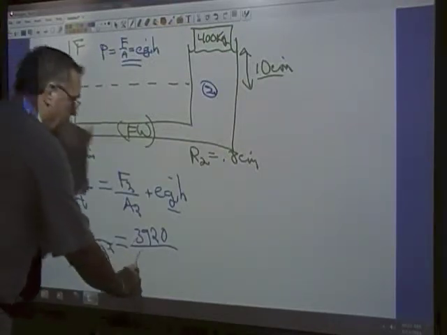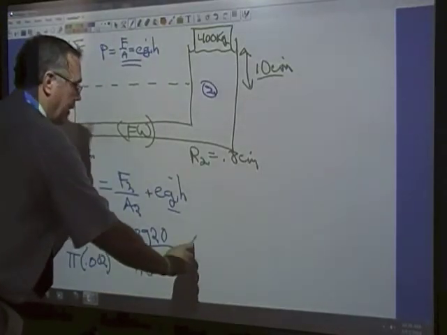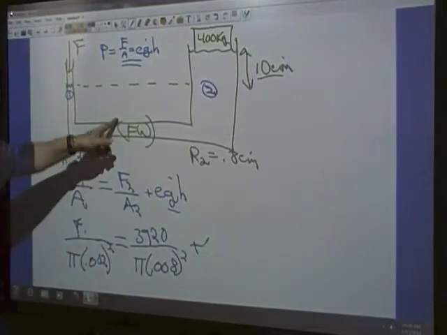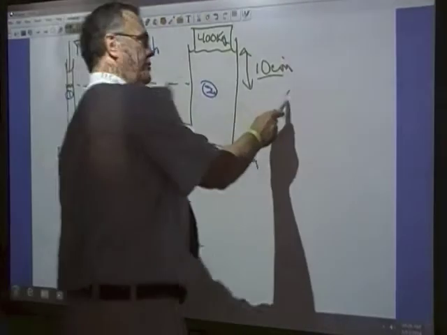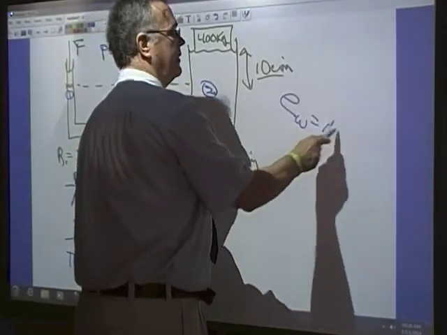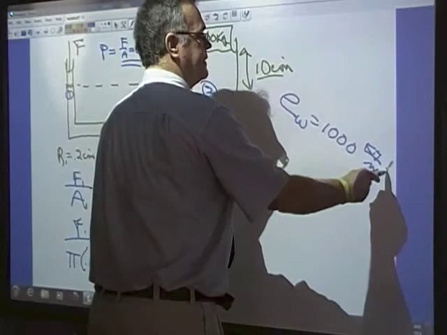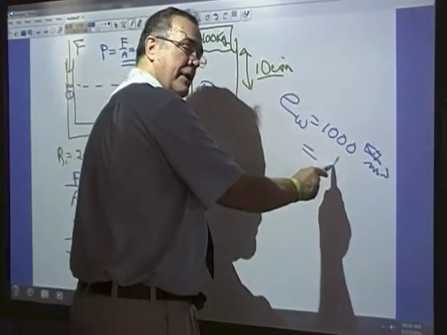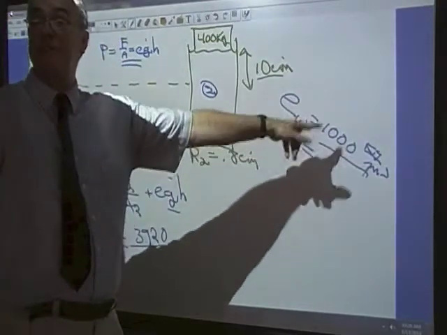Pi times 0.008 squared. Plus 1,000, fresh water, 1,000. Now there was some confusion about this. The density of water is 1,000 kilograms per meter cubed. What is that in the CGS system? That's MKS. What is it in the CGS system?